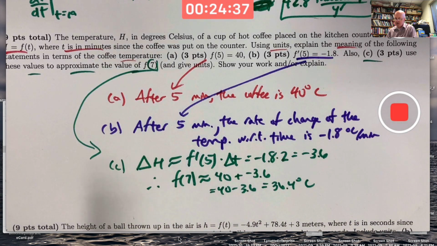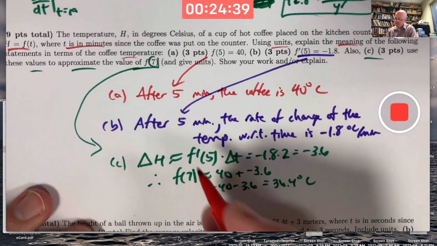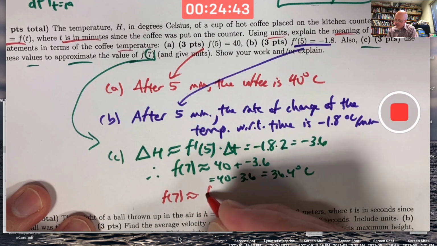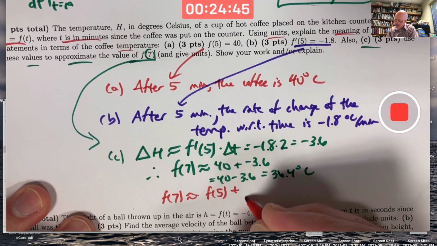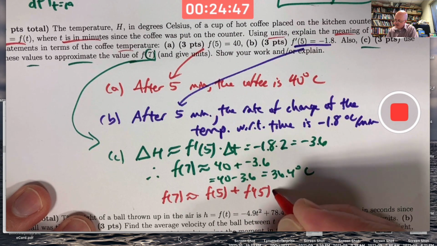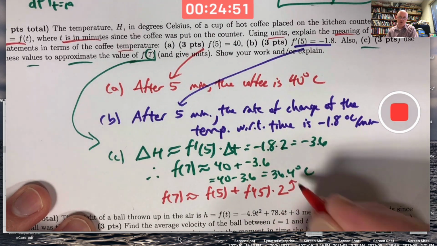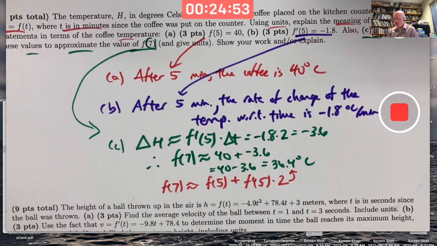You could do it as a one-step process. You could write it right away as f of 7 is approximately f of 5 plus f prime of 5 times delta t, which is 2. You could do it as one approximate equation that way. Okay? And it is an approximation.